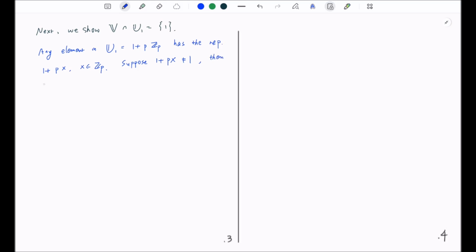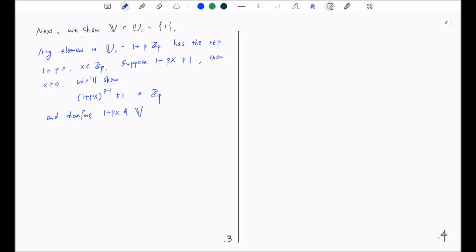Then x is not equal to 0. We will show that if we raise this 1 plus px to the power p minus 1, it is not equal to 1. Therefore, 1 plus px in this case cannot be in V.